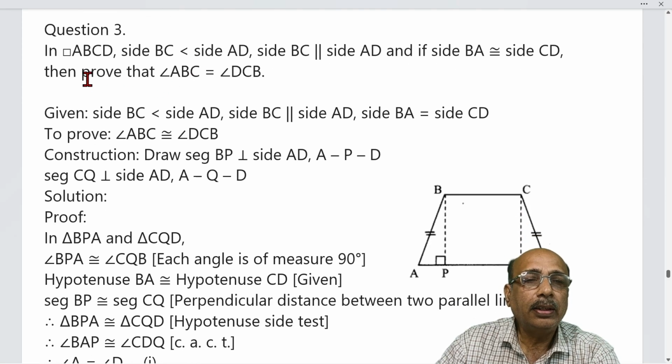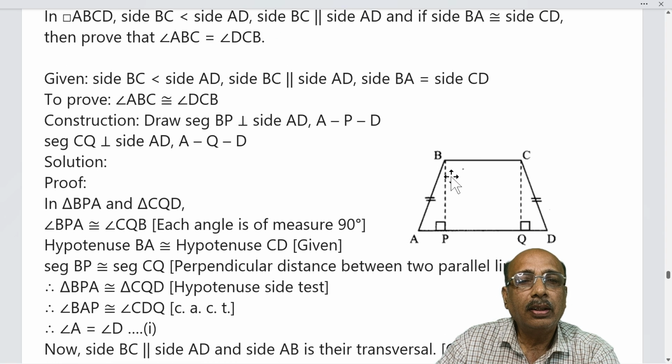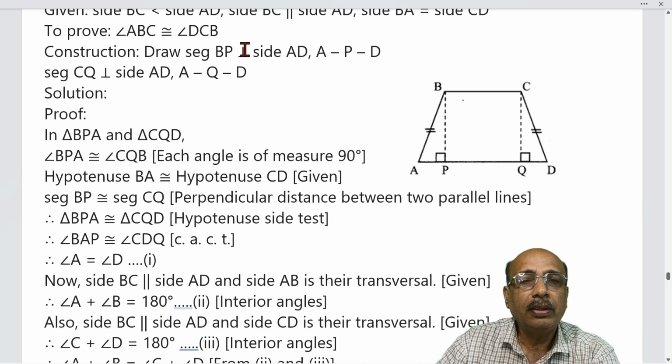Question 3. In quadrilateral ABCD, side BC is less than AD as shown in the diagram here. Side BC is parallel to AD, and if side AB is congruent to side CD, then prove that angle ABC equals angle DCB.